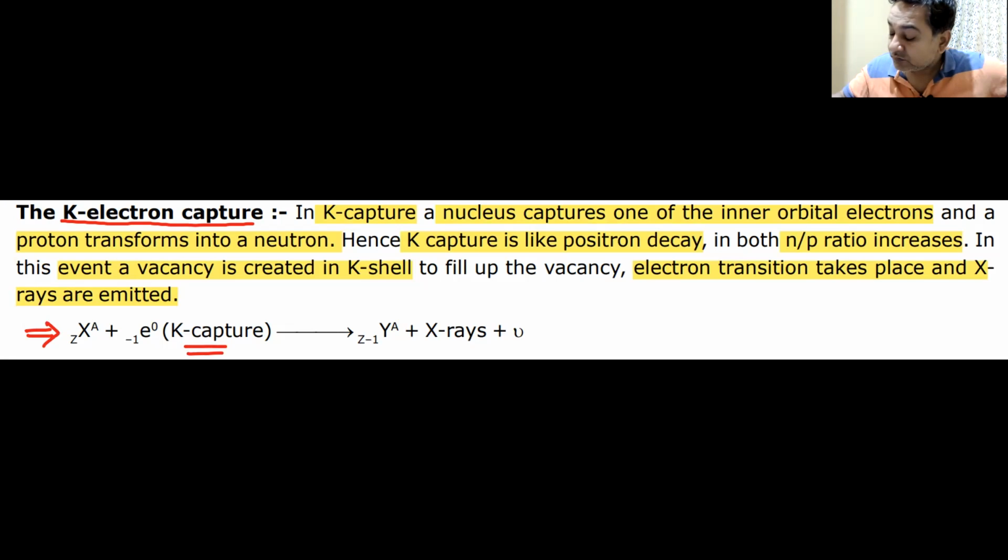Yes, sir. And here a proton gets converted into a neutron. Therefore, the atomic number decreases by 1. Do we understand this? Yes, sir. Then we have these radiations coming out, from where these X-rays are coming.